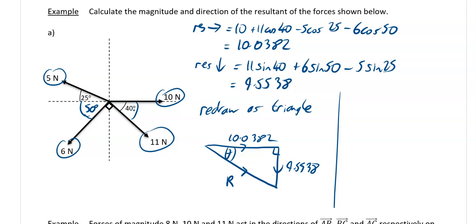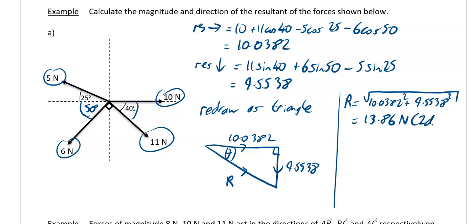The rest of this is just Pythagoras theorem and trigonometry. R is equal to the square root of 10.0382 squared plus 9.5538 squared. When you do that on your calculator, don't be a hero, you'll get 13.86 newtons, to 2 decimal places.